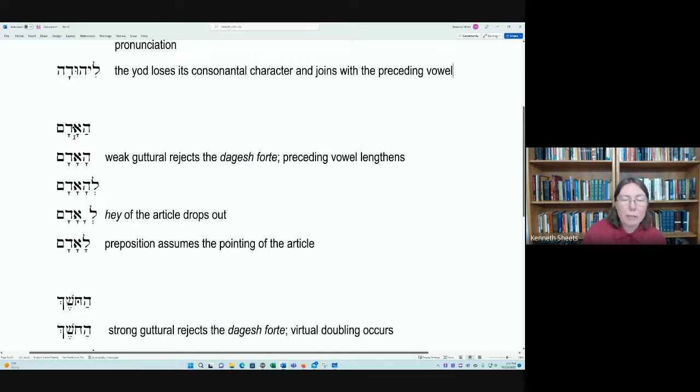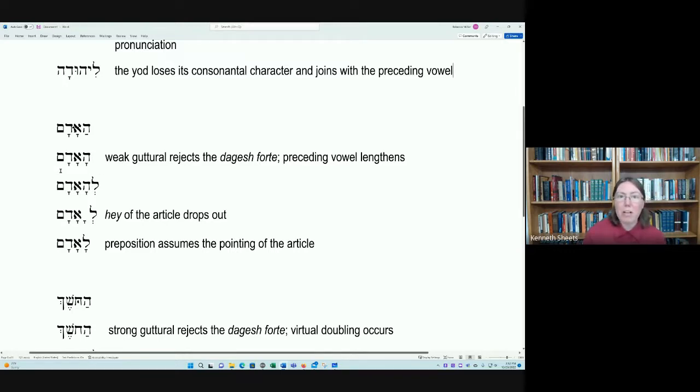And so as a result, the guttural rejects the dagesh forte. And in order to compensate for that, the preceding vowel underneath the article lengthens. We talked about that last week. So thus the weak guttural, the aleph, rejects the dagesh forte, and the preceding vowel lengthens.